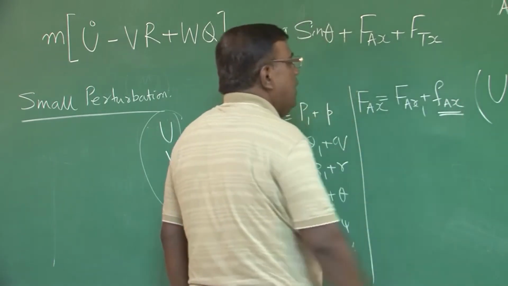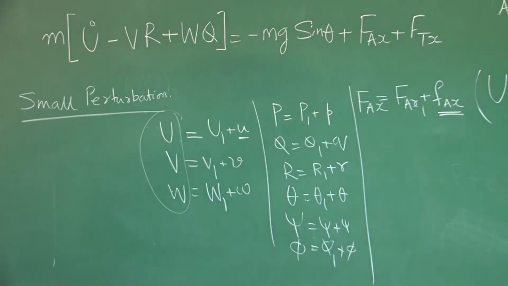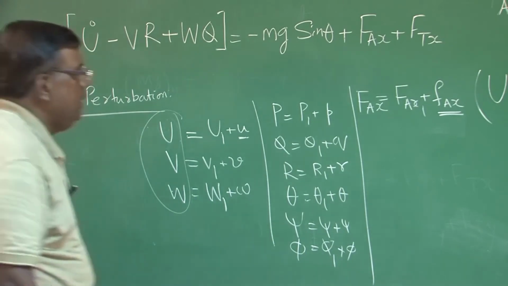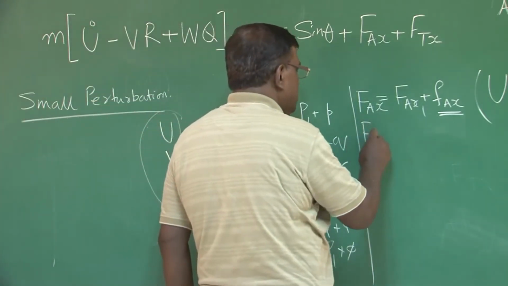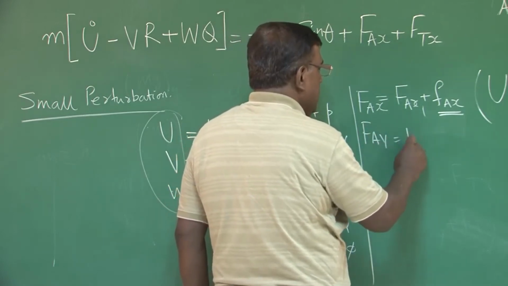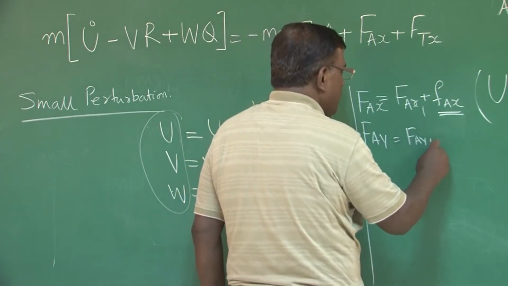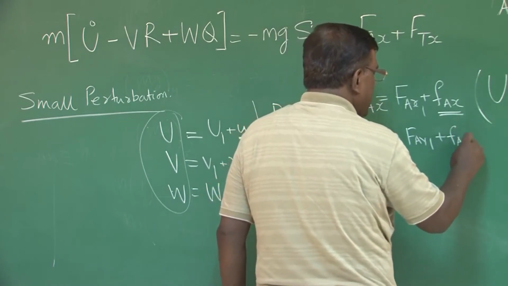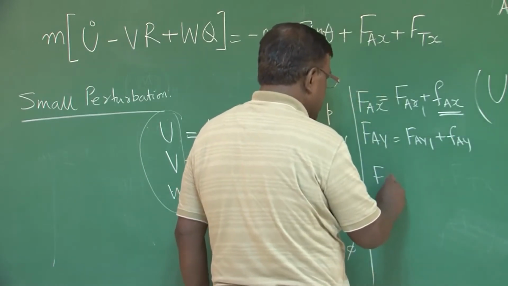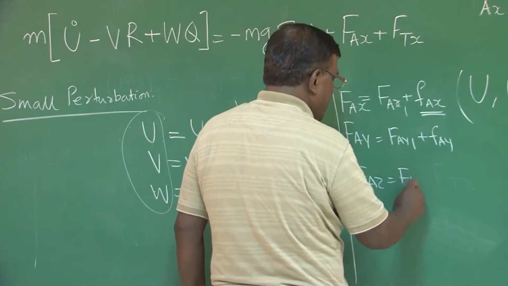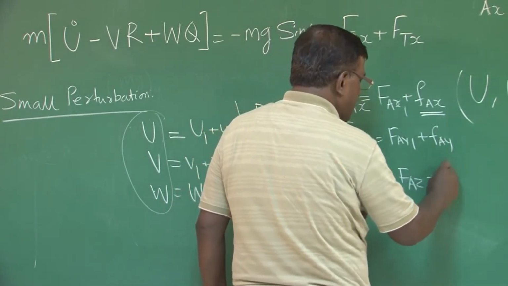So, this is the perturbed aerodynamic force along x direction, and FAX1 is the steady state. Similarly, FAY I will write as FAY1 plus FAY, FAZ as FAZ1 plus FAZ.